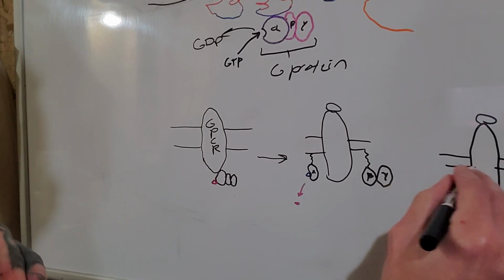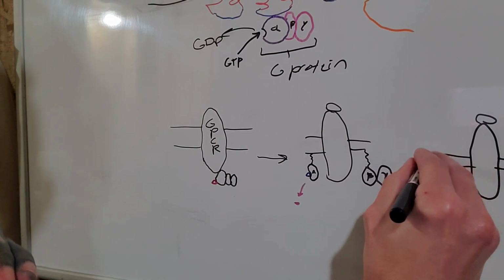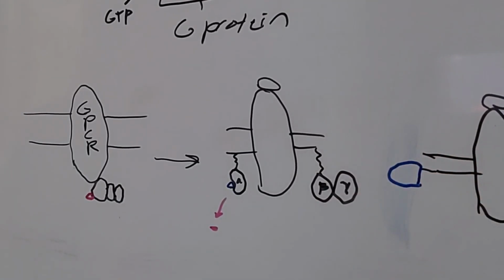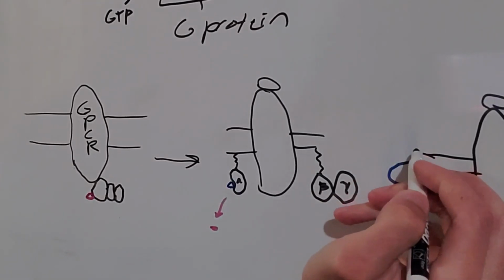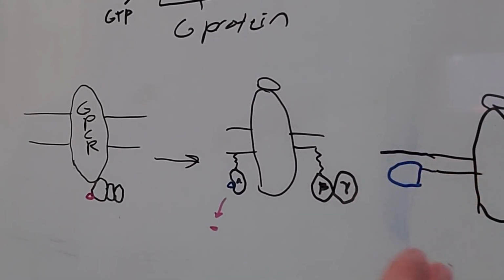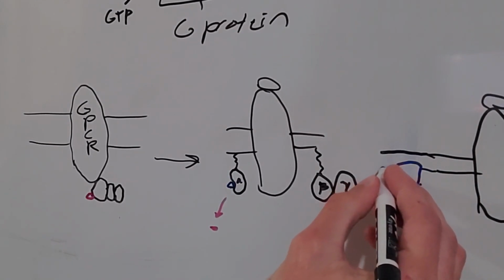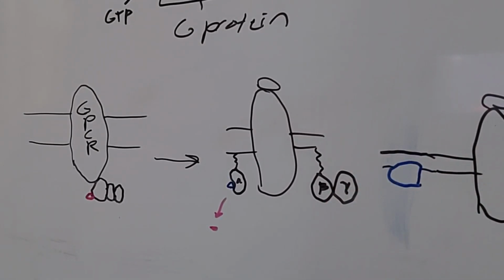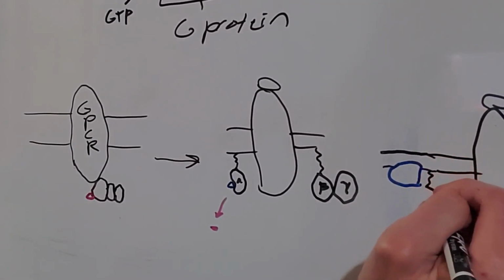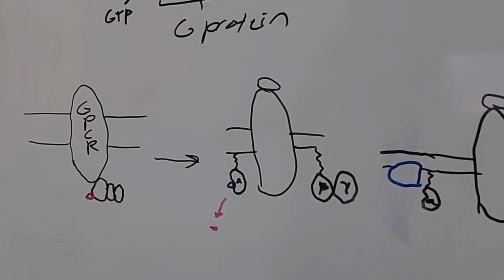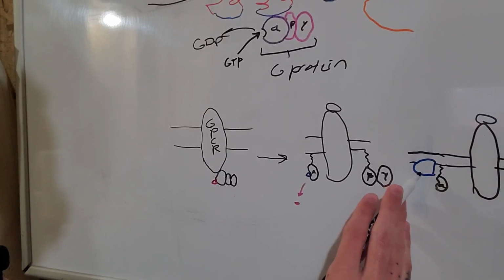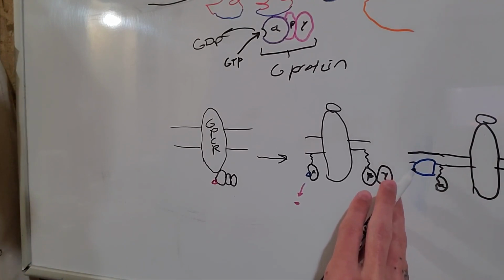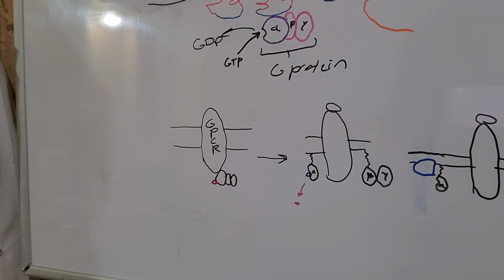Right here, I'm just going to illustrate an effector. So effectors are also membrane associated, which means that they tend to aggregate on the cellular membrane itself. They're not transmembrane, they're intracellular membrane associated proteins. So in the case of the example of cAMP, this would be adenylate cyclase, which stimulates the production of cyclic adenosine monophosphate, or cAMP.